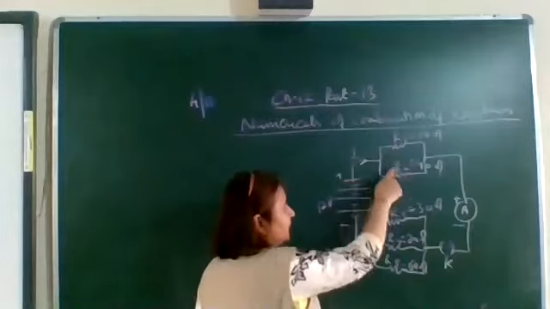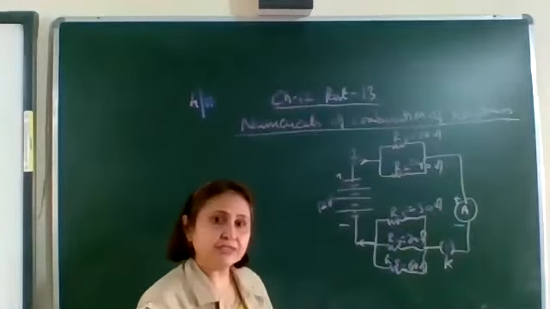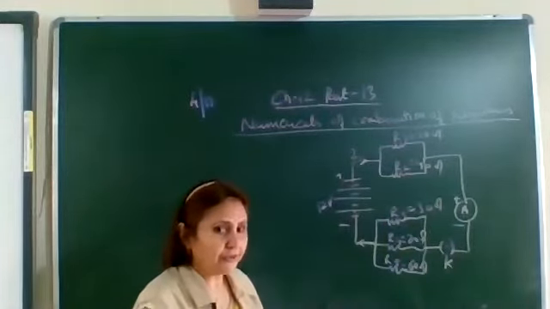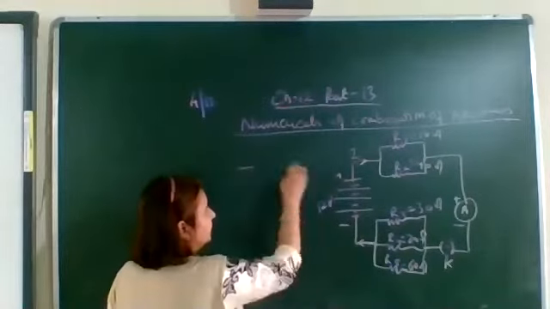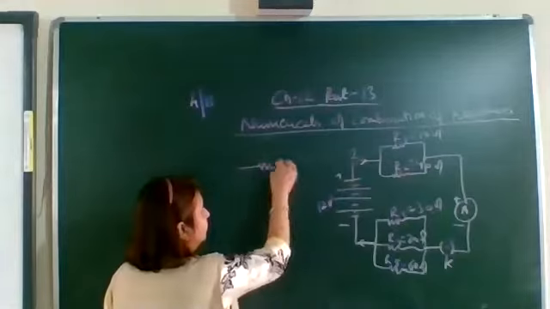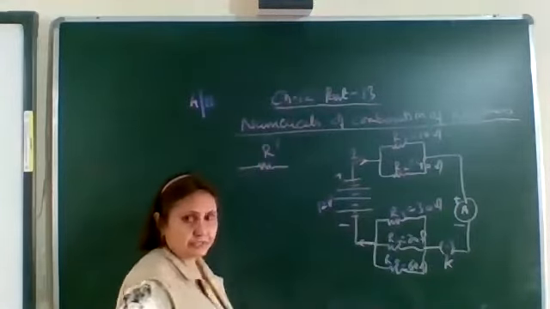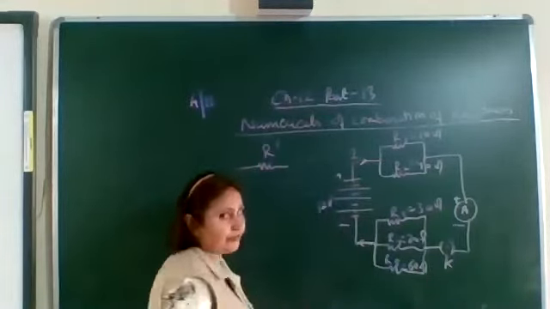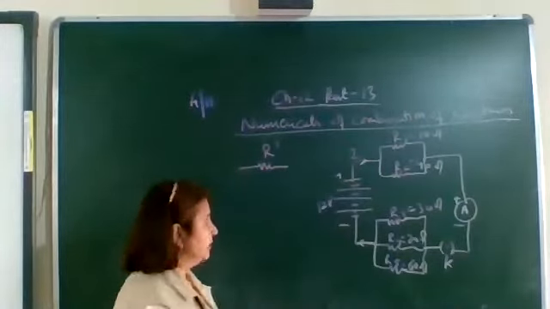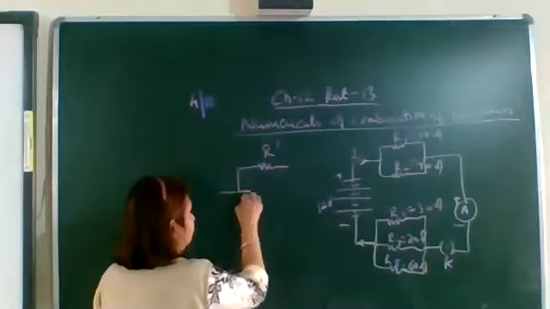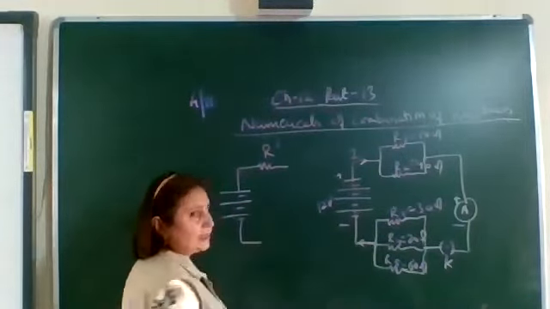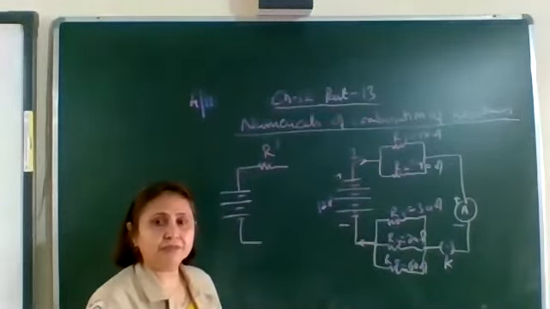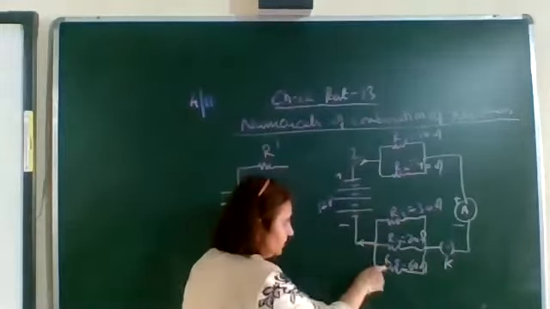Let the equivalent of R1 and R2 be R dash. We'll redraw this circuit diagram. We'll find the equivalent of R1 and R2, which are in parallel. Then the equivalent of R3, R4 and R5, as we see, they are in parallel.